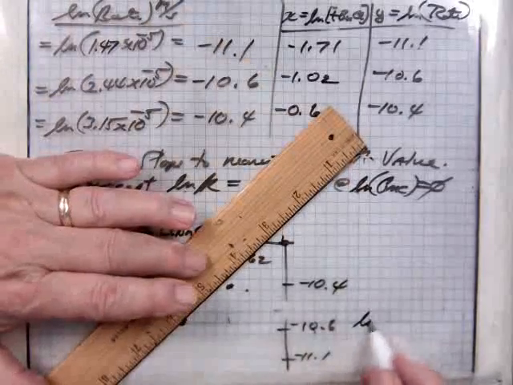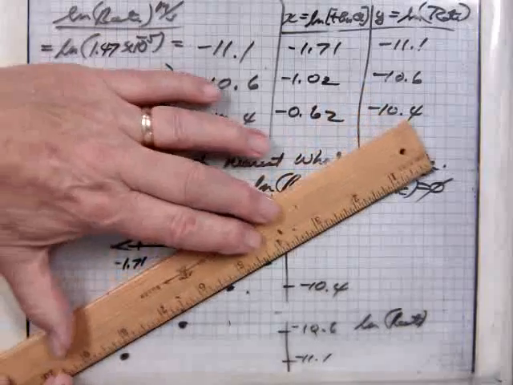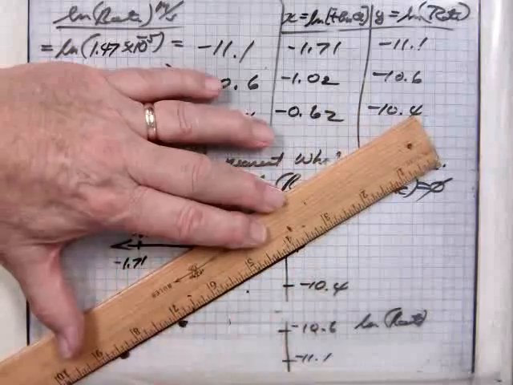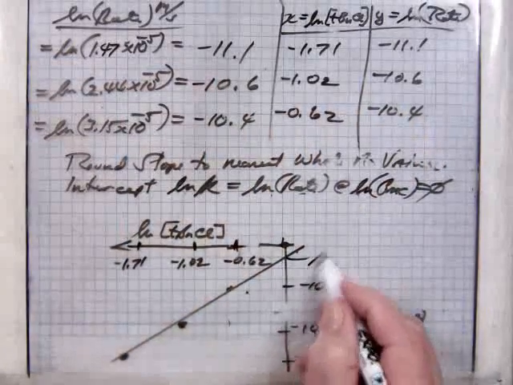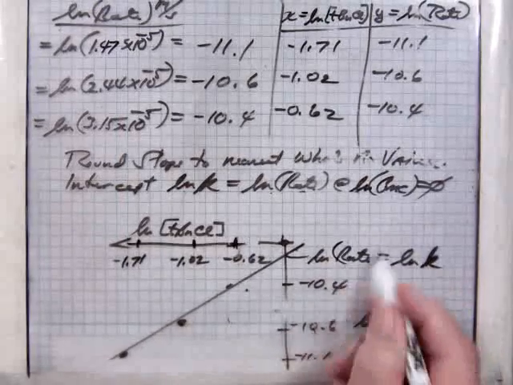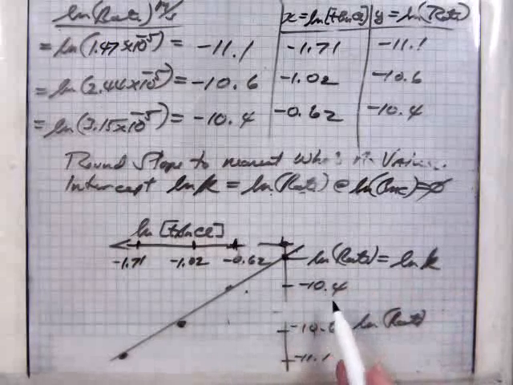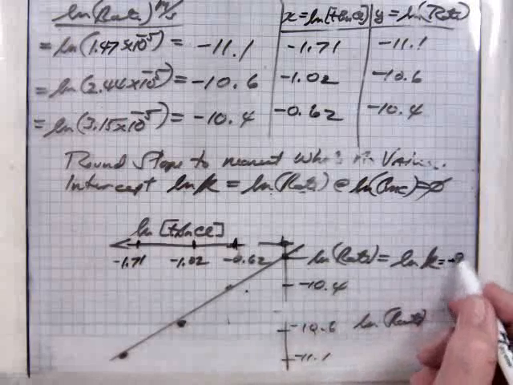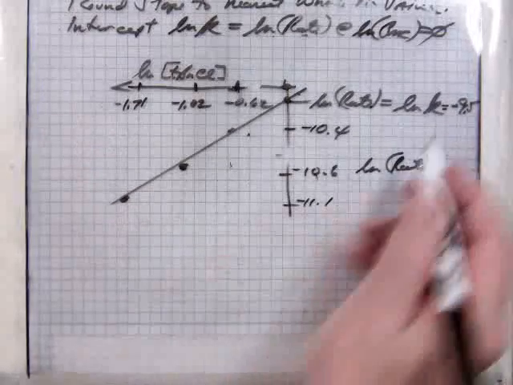This is ln of rate, ln of concentration. We'll run this through the dots best we can. This is ln of rate equals ln of k. And that value right there goes to, I'll say, minus 9.5. So now we got the right data in place.